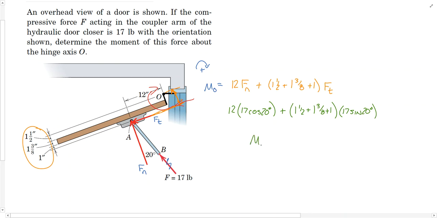If we add this up, the moment around O, we're obviously going to get a positive number. I have used units of pounds for the force and inches for the lengths. So this comes out to 214 pound-inches, and it is a clockwise sense of rotation that it creates. All right, that's it for this problem.